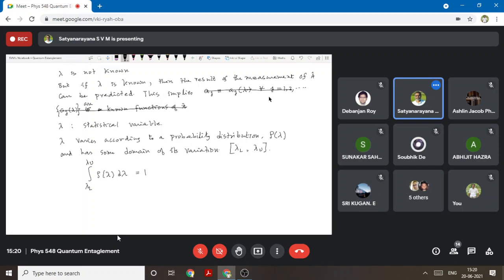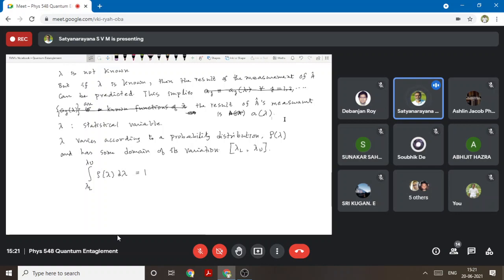This implies the result of A's measurement. In this case, let me call A's measurement a, which is a function of lambda. Or maybe I will call it small a as a function of lambda.